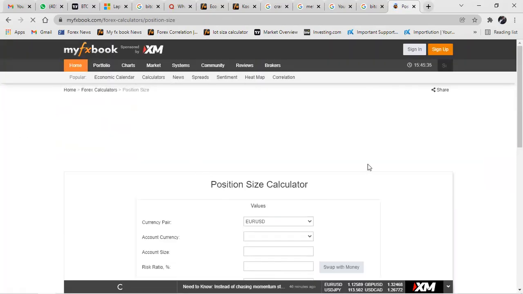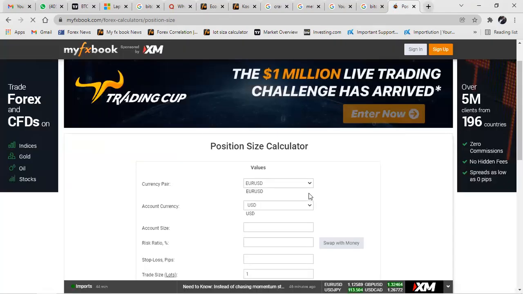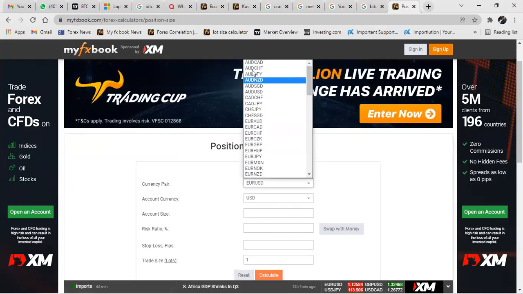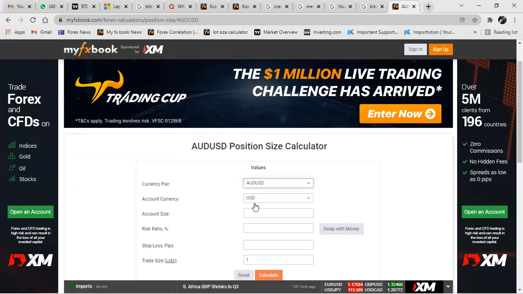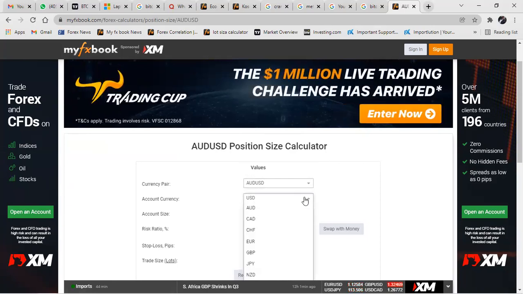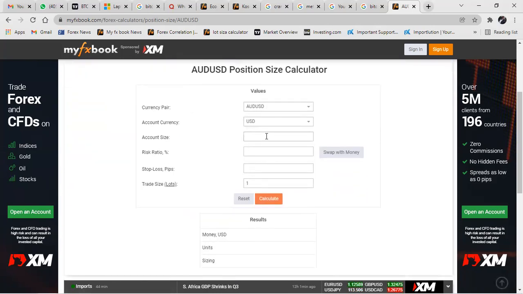On My FX Book, if you are trading a particular currency, let's say the Australian dollar against the United States dollar, and your account balance is in USD, and your account size is $5,000. You have deposited a $5,000 account.